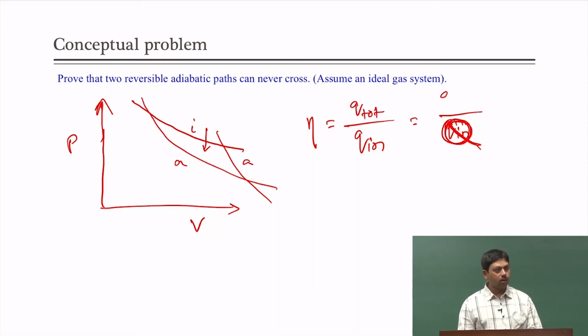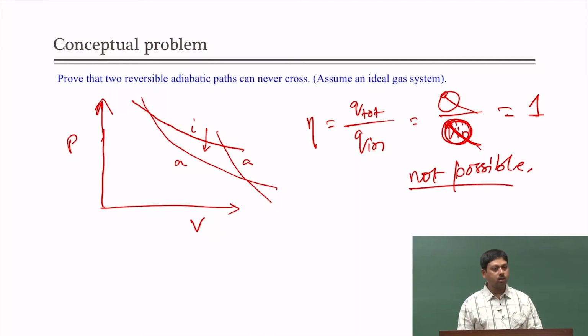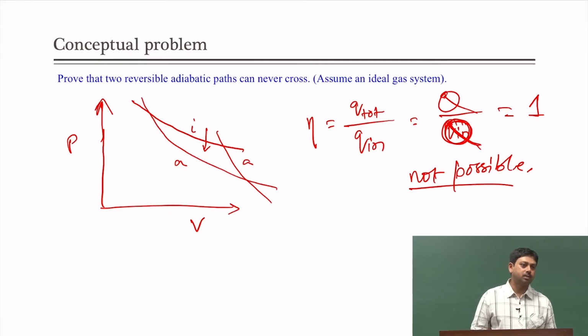Total Q is only that Q, because there is no other place, so the efficiency is 1, which is not possible. So, if two adiabatic paths would cross, then you can always join them by an isothermal path, and that would violate the second law of thermodynamics. Therefore, two adiabatic paths cannot cross.